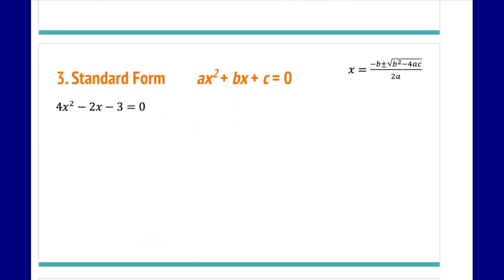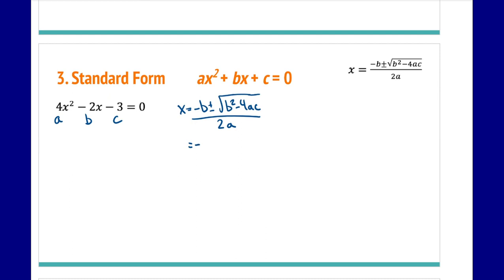So if we take a look at the first one, 4x squared minus 2x minus 3 equals 0. Again, we have our a, our b, and our c value. So we can plug that into our quadratic formula. x equals negative b plus or minus the square root of b squared minus 4ac, all divided by 2a.